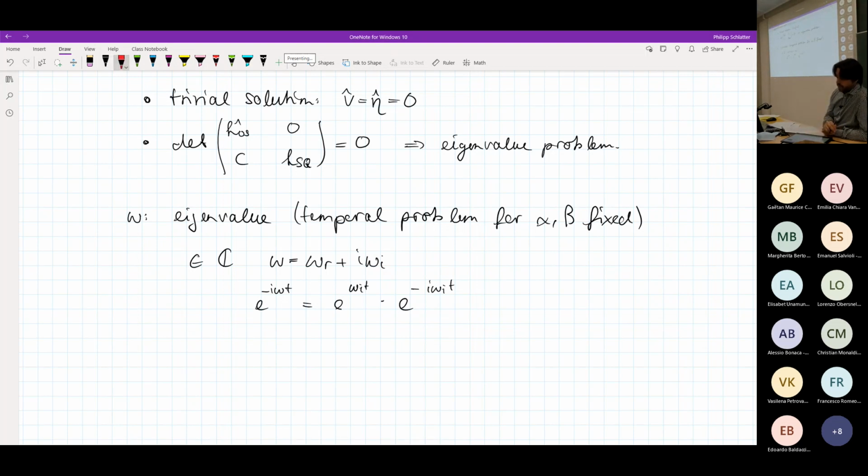And now in the spirit of what we did last time, we can identify two different components. The first component in this case would be the growth rate, because it's an exponential of just omega_i times t. And the second part would be an oscillation.